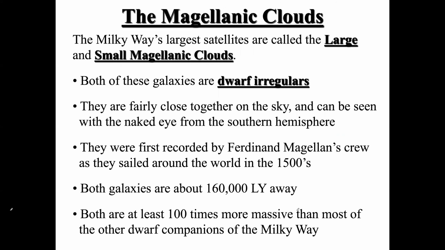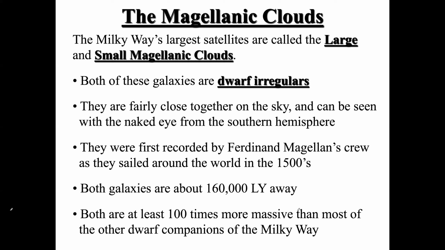Right, so two of these most popular dwarf galaxies are actually the Large and Small Magellanic Clouds. They are visible from the southern hemisphere, and both these galaxies are dwarf irregular type galaxies. They are very close together on the sky and can be seen with the naked eye from the southern hemisphere as well.